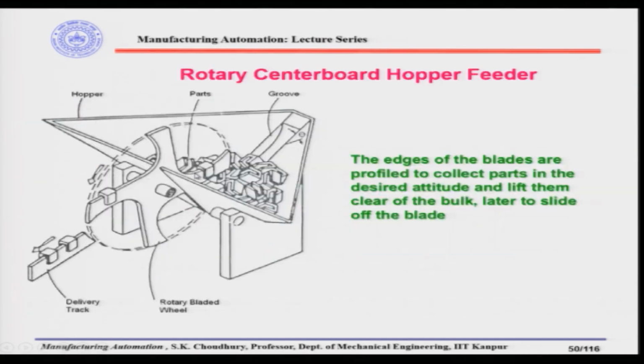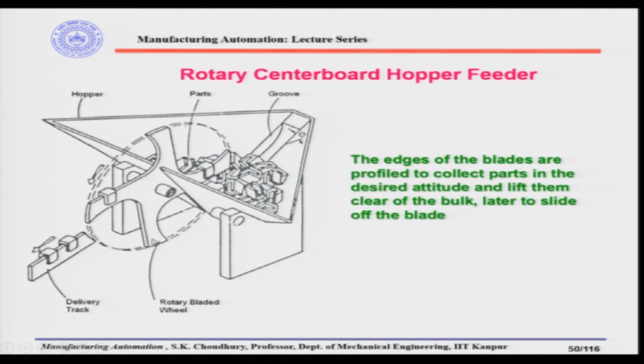Okay. Whereas, in this case, for example, what happens, the same kind of a hopper, all right, and at the base of the hopper we have the parts. Now, here this kind of hopper feeders are particularly suitable for the U-shaped parts, like it is shown here.